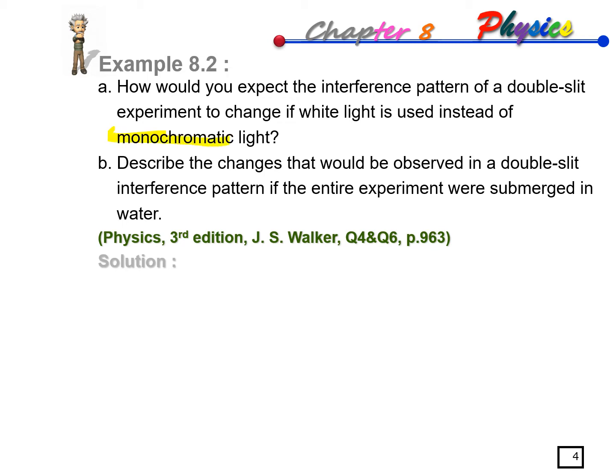Mono means you use a light with only one wavelength. And then B, describe the changes that will be observed in a double slit interference pattern if the experiment was submerged in water. So you conduct the experiment in water.